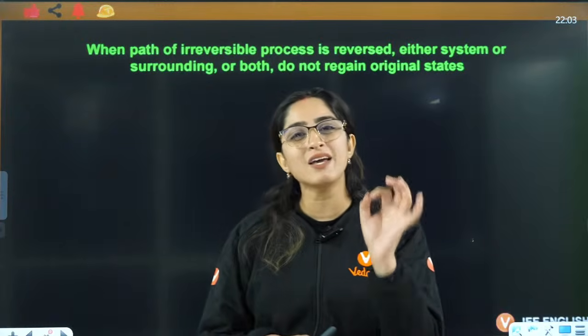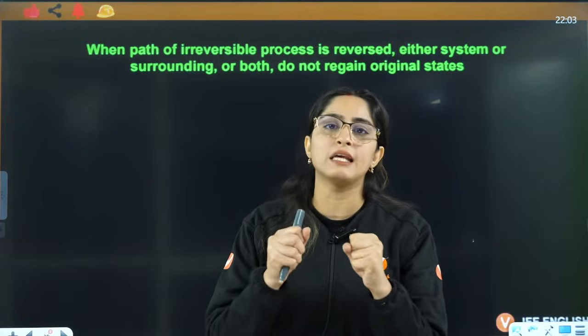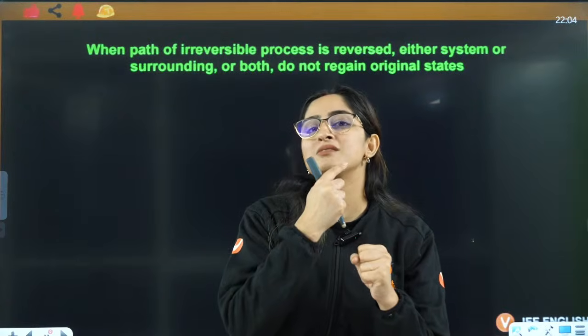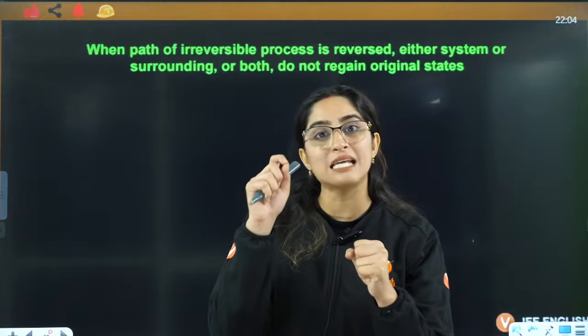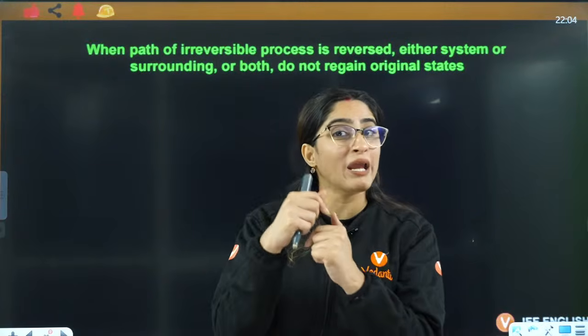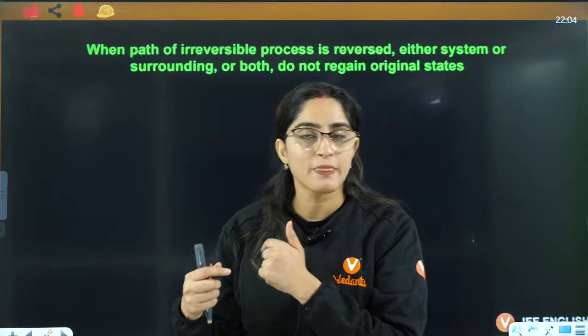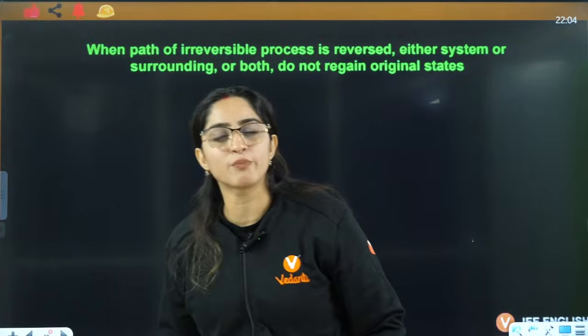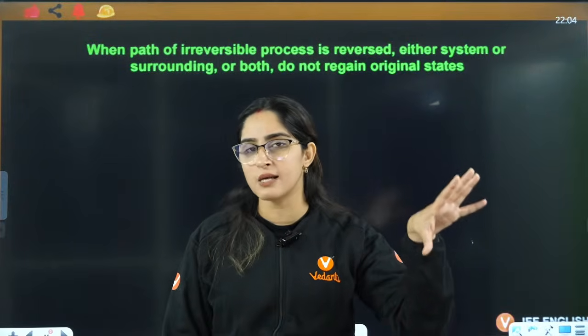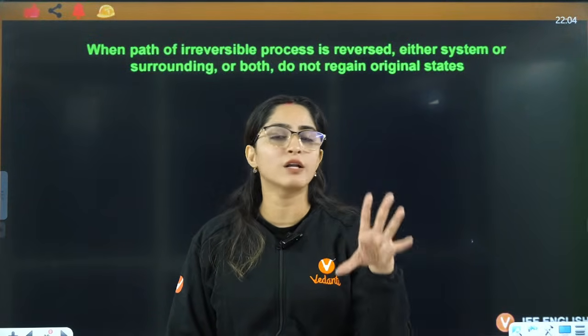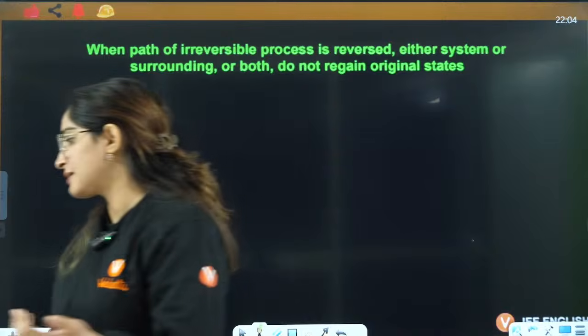But in an irreversible process, if you forcibly reverse it, it will not go back to its original state, because it is not made to go reverse. That's why all naturally occurring processes are irreversible, and if you want to reverse something, it will not regain its original shape, right?